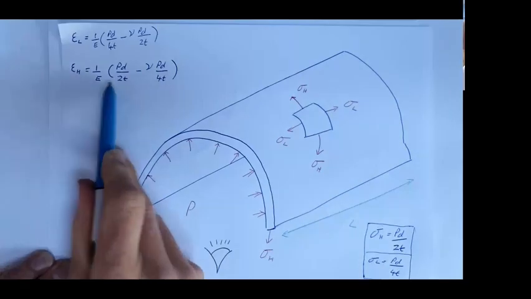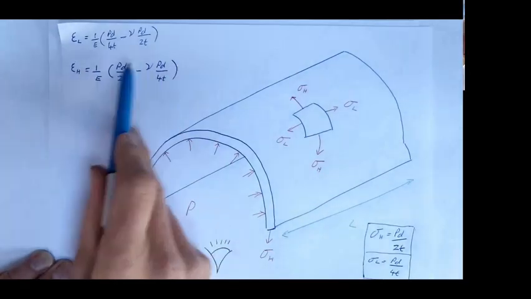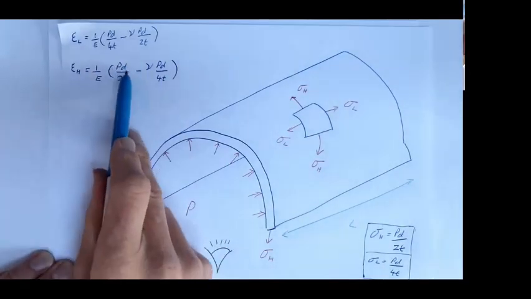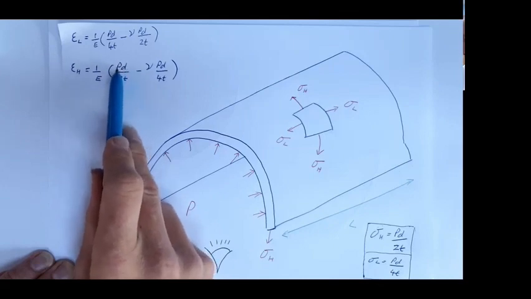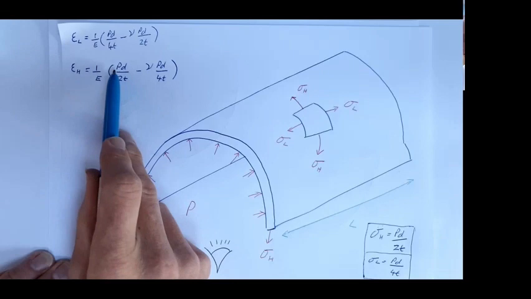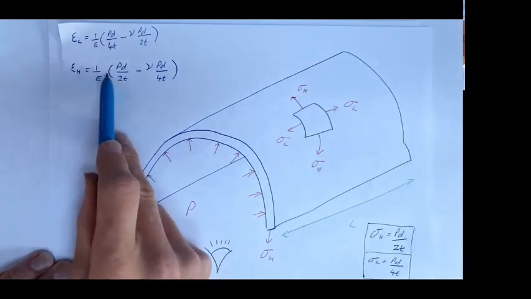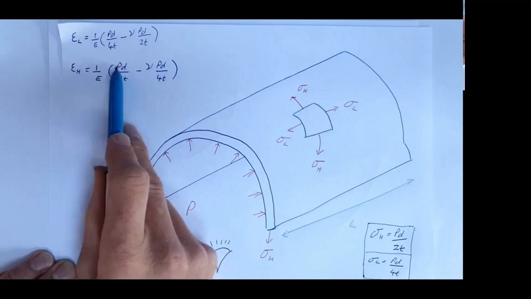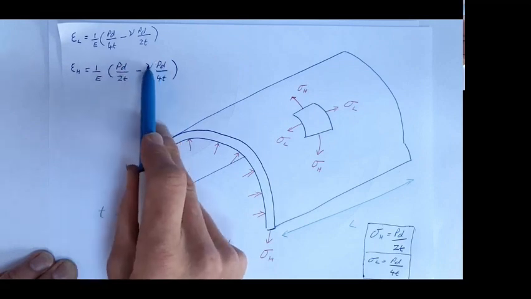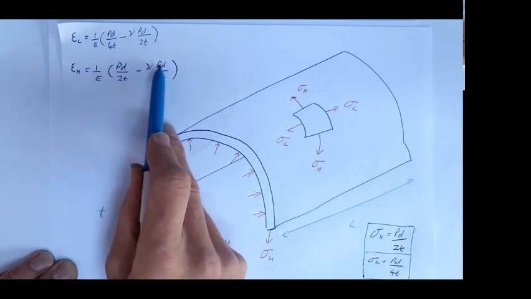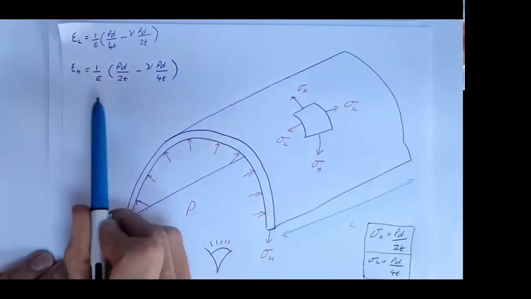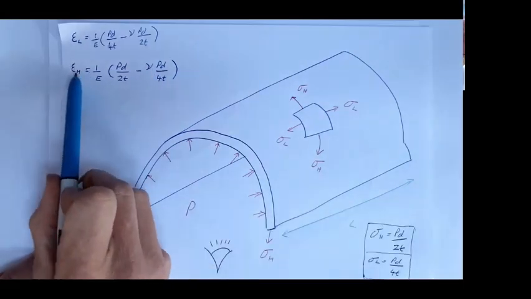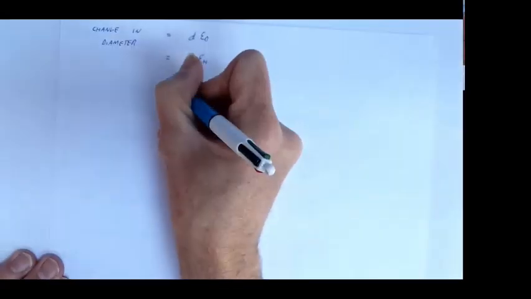So the hoop strain is made up by the strain caused by the hoop stress, and it's also made up by the strain caused by the longitudinal stress. So we know the hoop strain. We can now insert that.